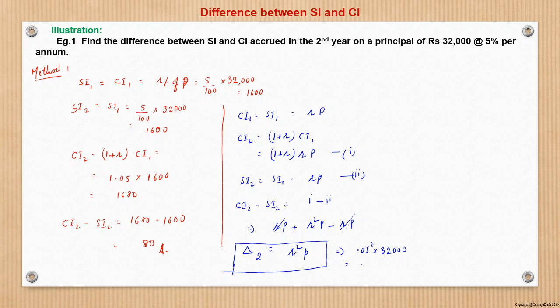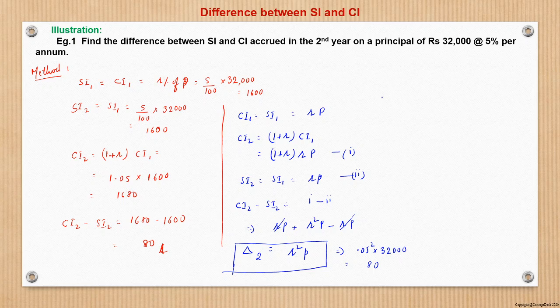So if I solve this, 0.25 into 32, so this is 80 rupees, right? Same as what we had got here.